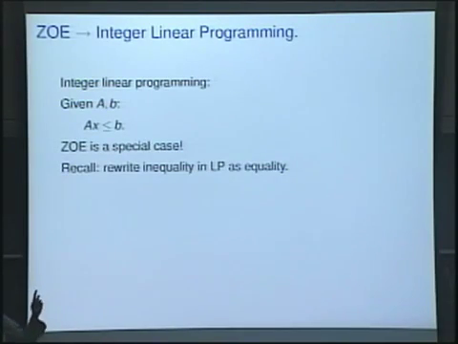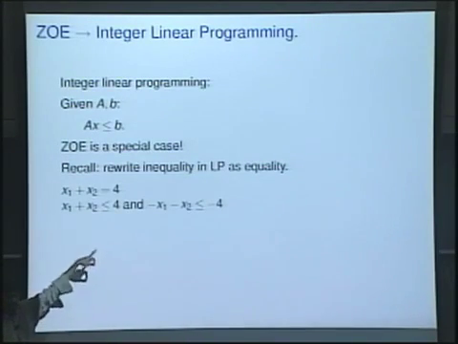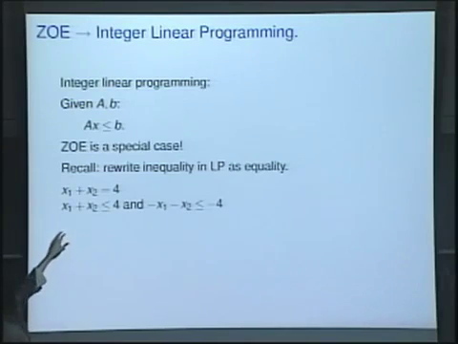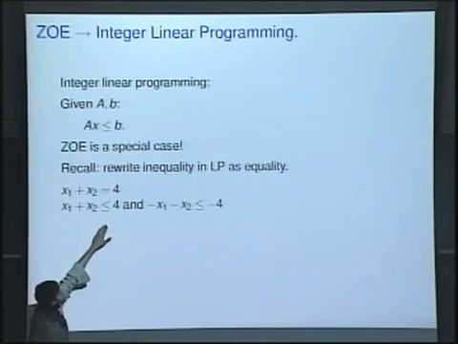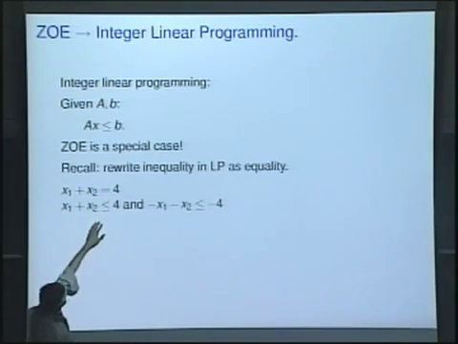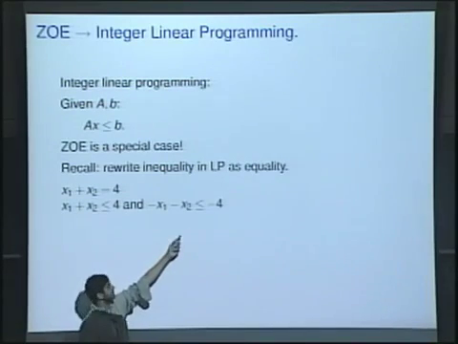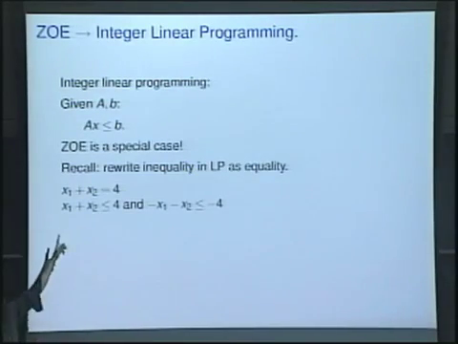The difference is 0-1 equality has an equality and this has an inequality, but we already know how to deal with that. You can write an equality as two inequalities in this way: both x1 plus x2 is less than or equal to 4, and x1 plus x2 is greater than or equal to 4. For the greater than or equal to 4, you just take negatives and then you get a less than again, and you get the form you want in the linear program where you have less thans.